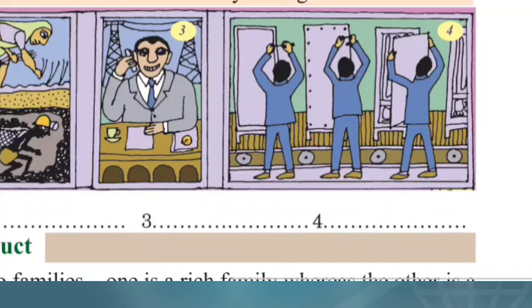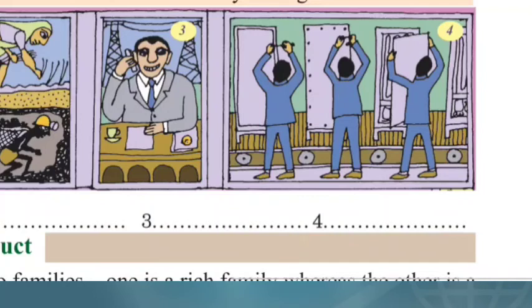Understood? And next here, observe these figures given here. Account that here mentioned about agriculture, industry and service sectors there.